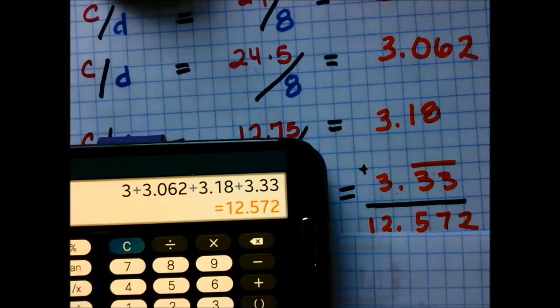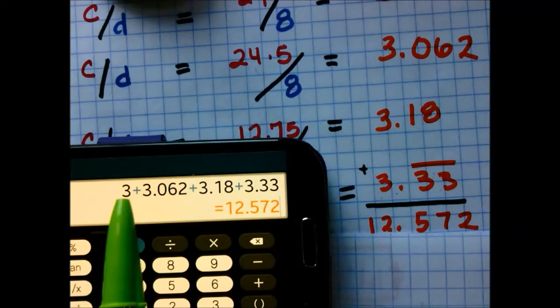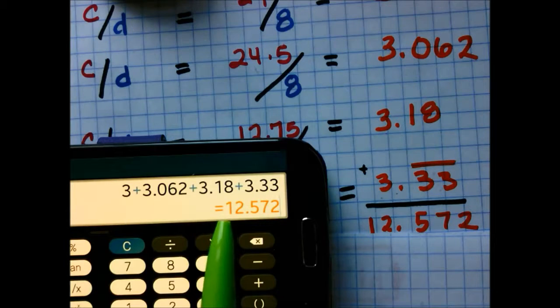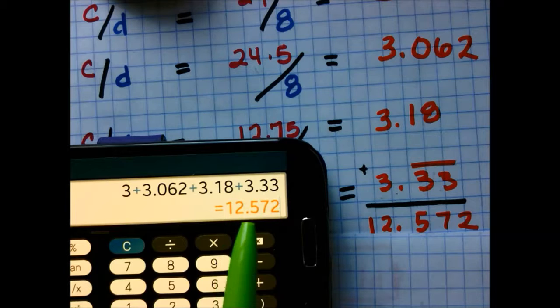So as you can see, I used my calculator to figure out the result of adding all of my four numbers. And as you can see, the result is 12.572, which I've written here.